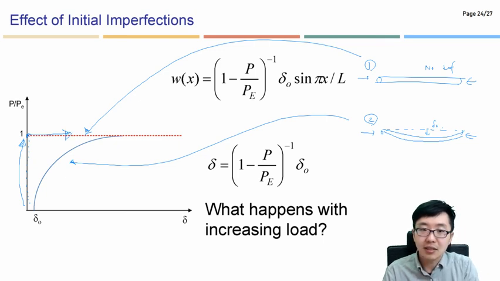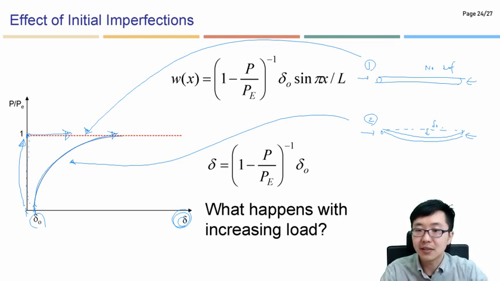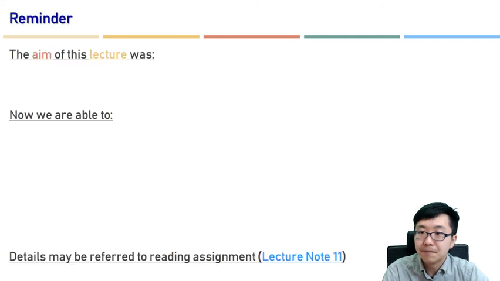But in number two, initially we have the deflection. The initial deflection amount is this amount, and then it will deform gradually like that. That's the main difference. Sketch the perfect column and imperfect column response on the same graph. You can see here, this is the perfect column, and this is the initially deflected column.